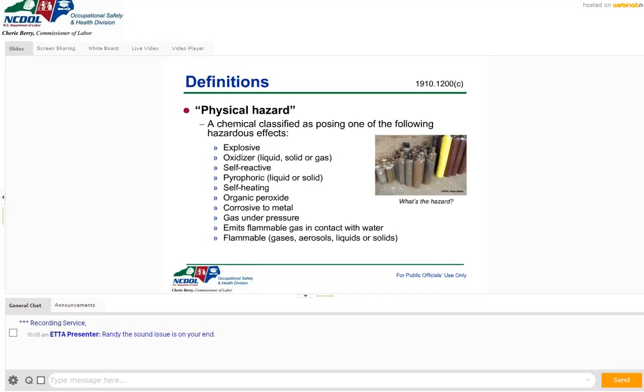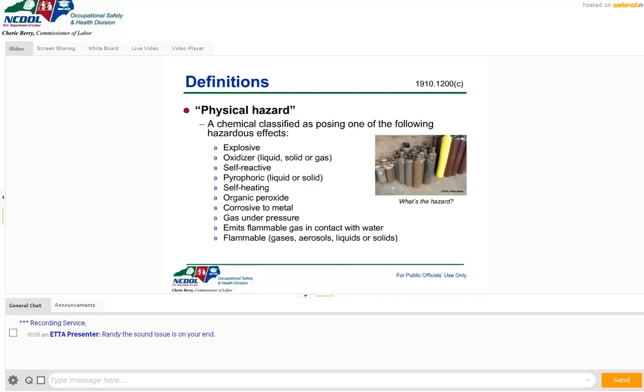So, physical hazards, you see the list. Is it explosive? Now, a lot of companies don't receive explosives like dynamite. You know, they don't have explosives coming in the door. But chemicals can create explosive atmospheres, like flammable liquids, like alcohols, acetone, ether, those sorts of things can create explosive atmospheres.